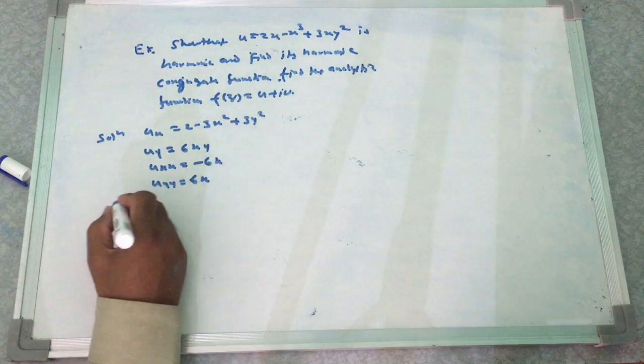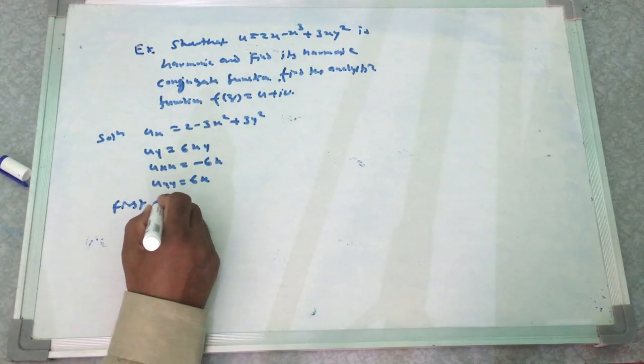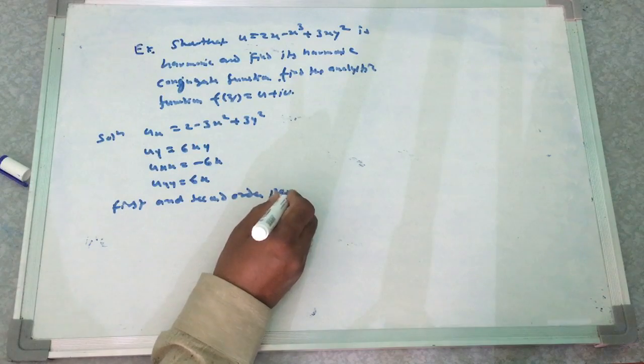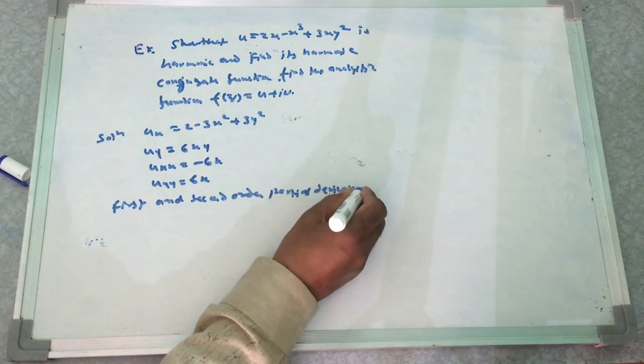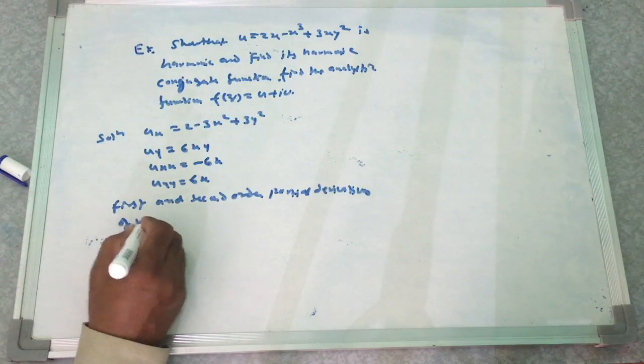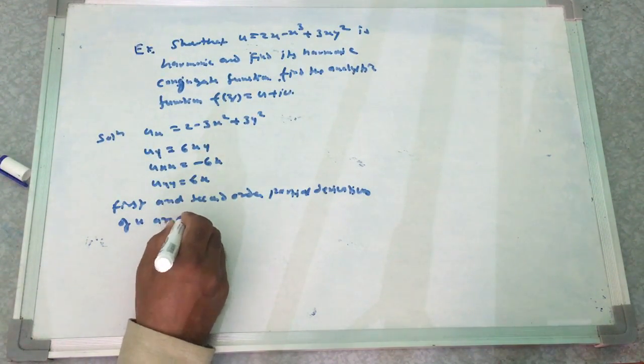So first and second order partial derivatives of u are continuous.